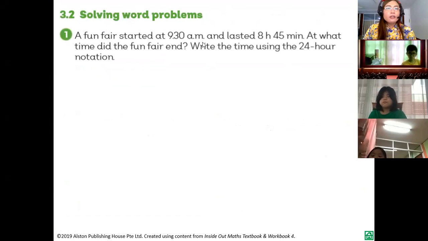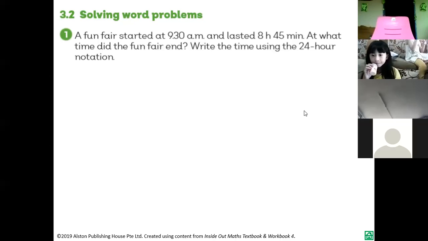This one, 3.2, solving word problems. Not textbook, workbook, any workbook, okay?